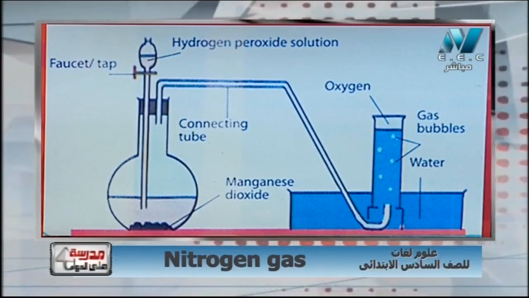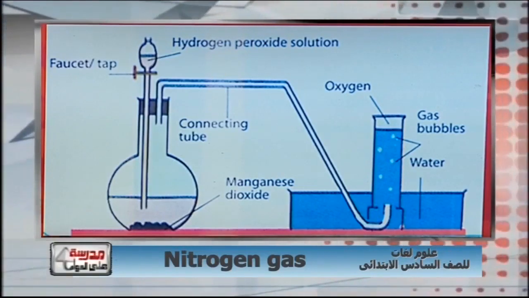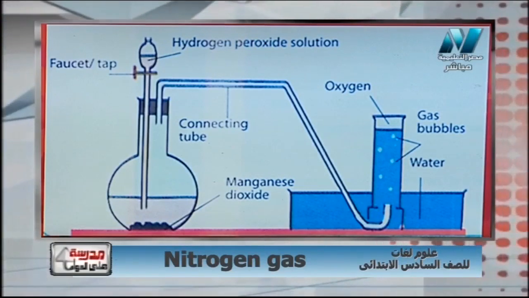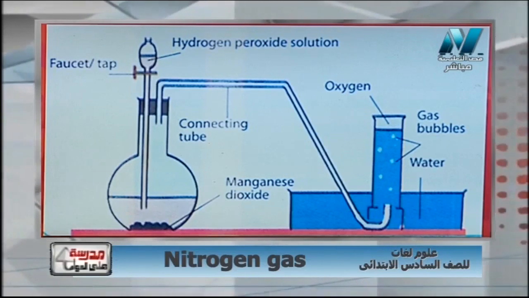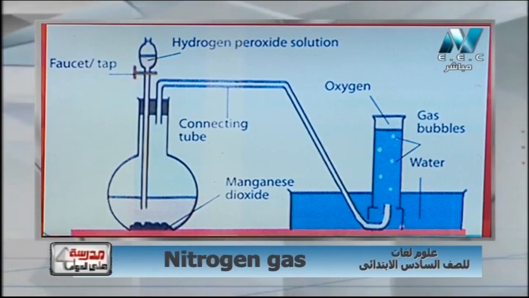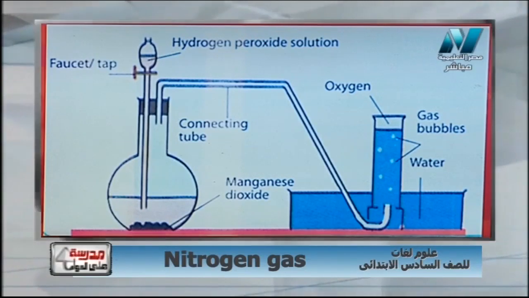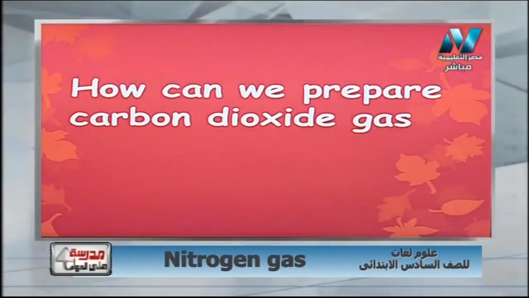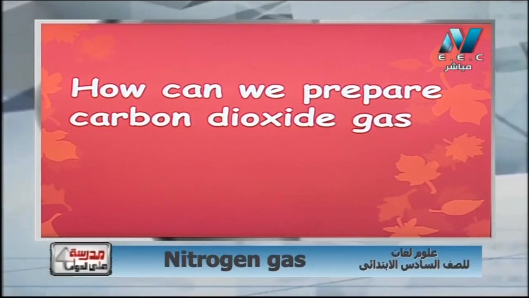So now I have hydrogen peroxide at the top and manganese dioxide powder, which is black powder, at the bottom, and on the right side I have water and oxygen gas above water, because oxygen gas displaces water downward.